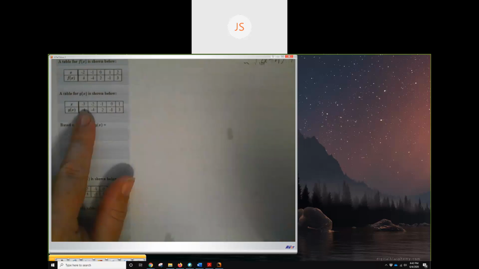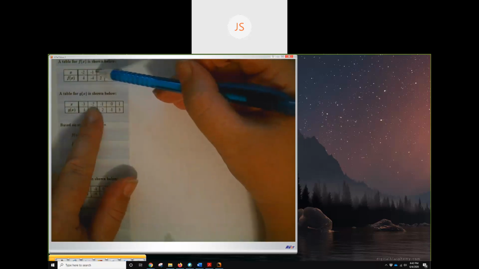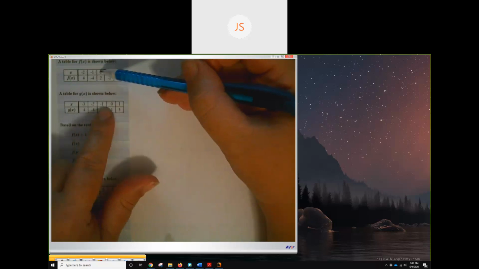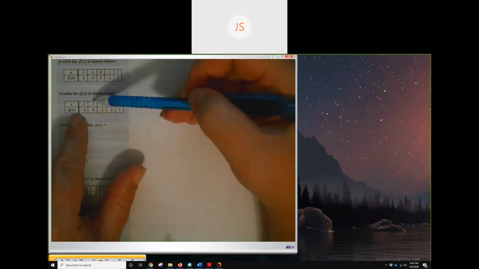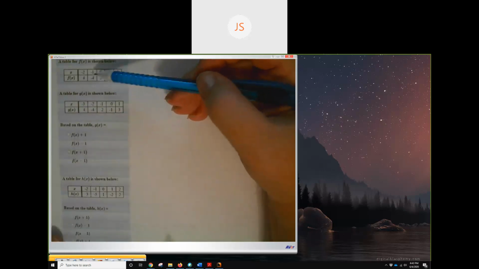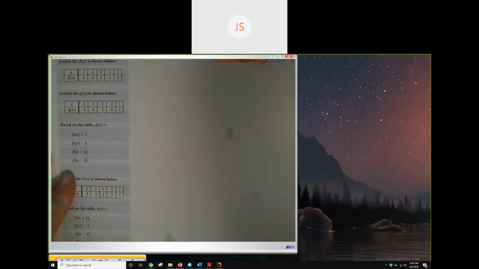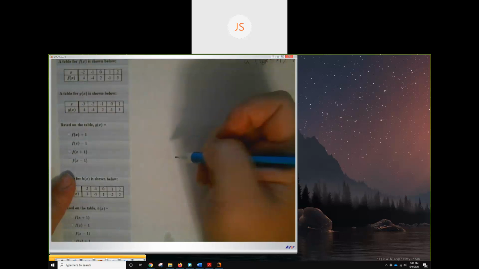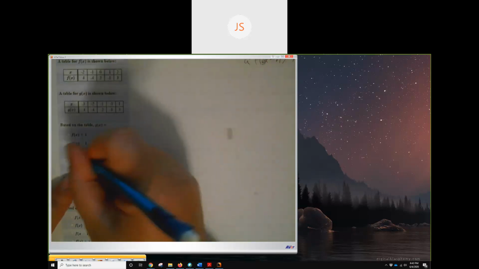But if we look at my x values, see how all of my x values are off by 1? So if I go from -2 to -3, I have shifted to the left one. If I go from -1 to -2, I have shifted to the left one. Does that make sense? So a shift left 1 is a +1 inside the parentheses.